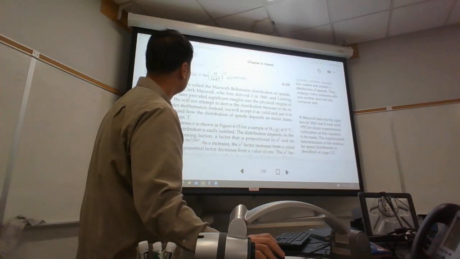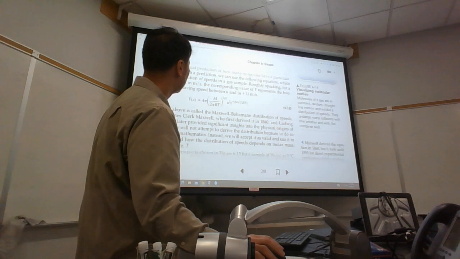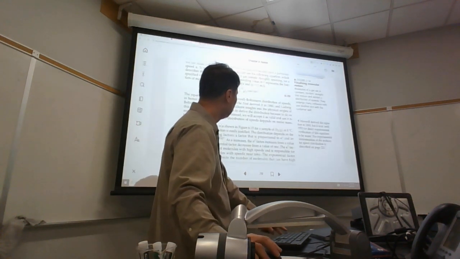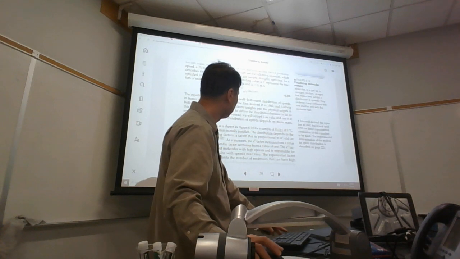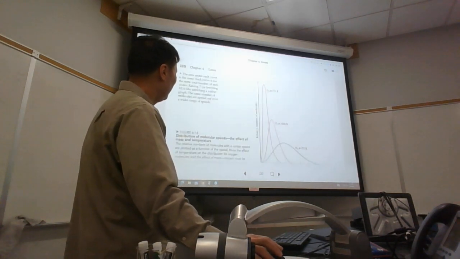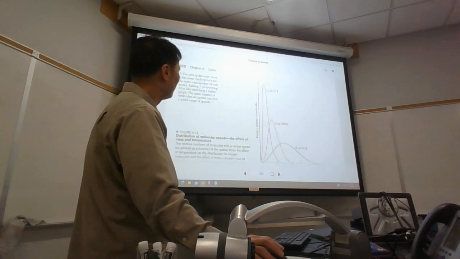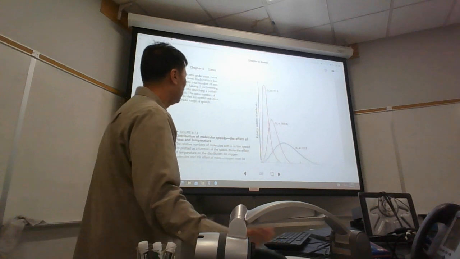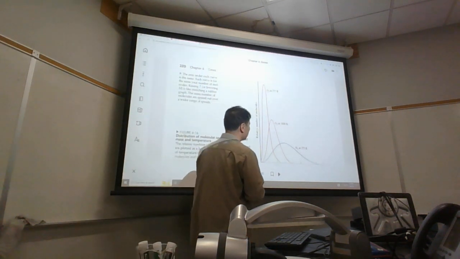Here are representations of experiment 618. Look at hydrogen at room temperature.